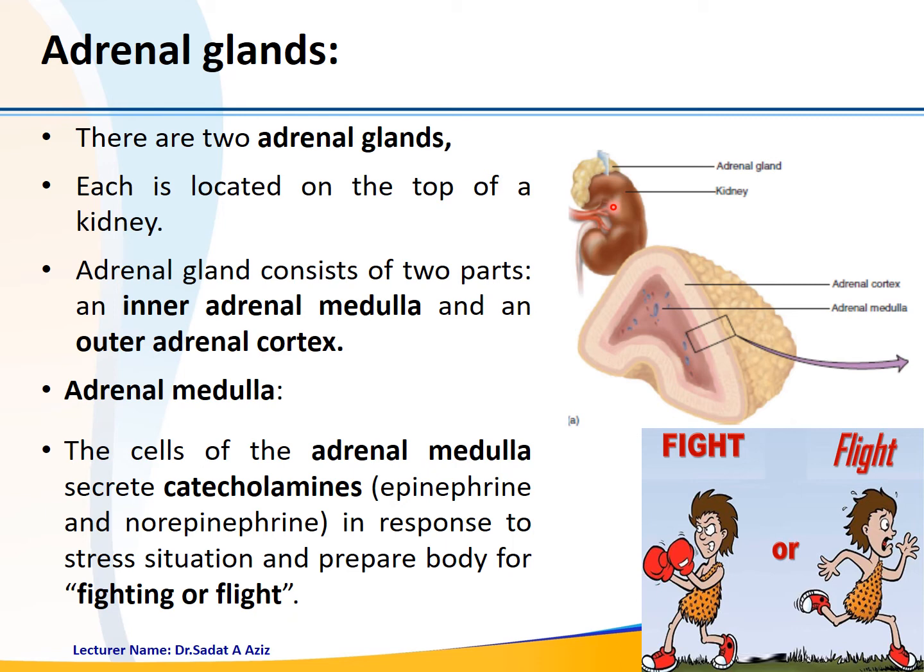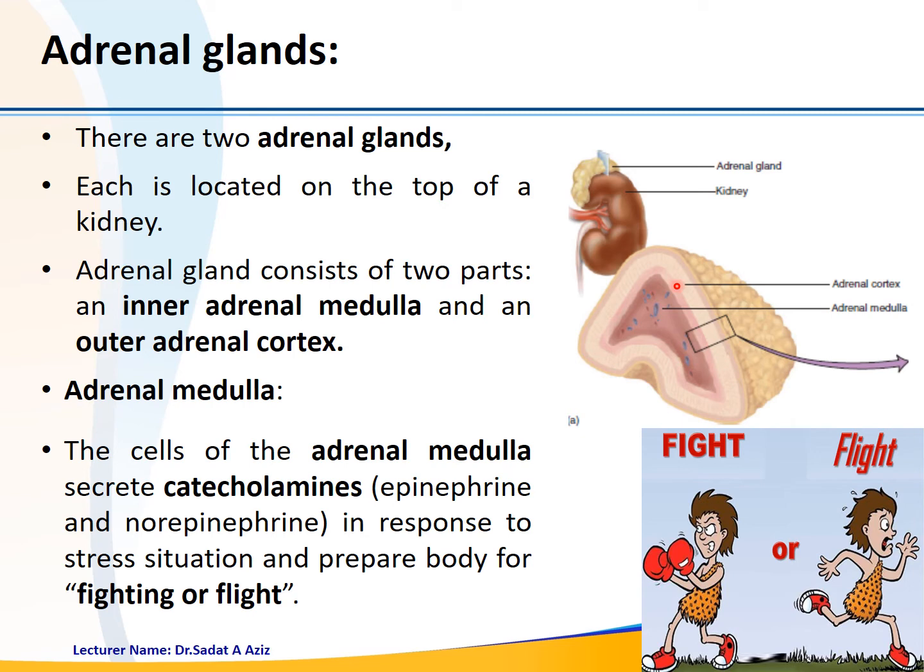The adrenal gland structurally is made of two main parts. The first one is the inner adrenal medulla, and the second part is called the outer adrenal cortex.